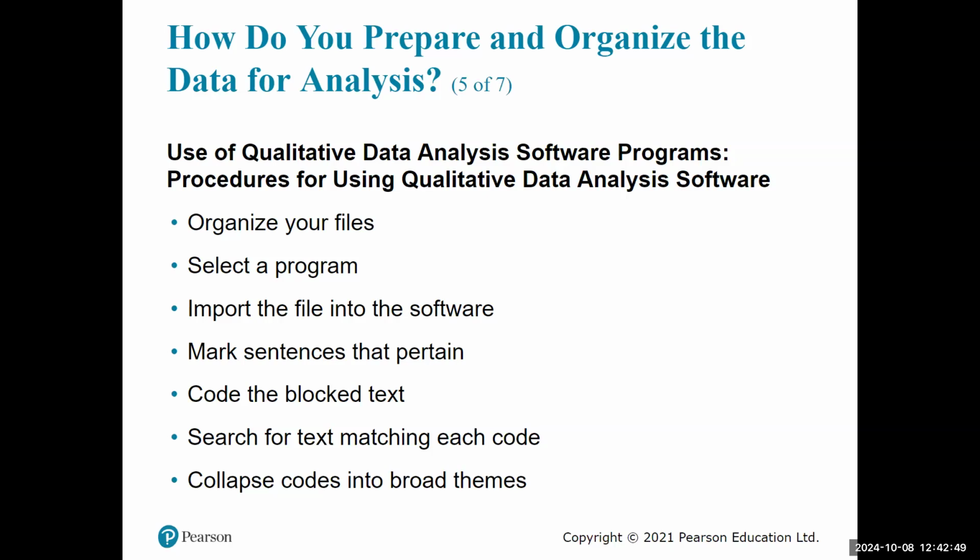And if it's repeated, then use the same color and so forth. And search the text for matching each code and collapse codes into broader themes. So that's kind of all of it at one time. Really, you could just see this again.